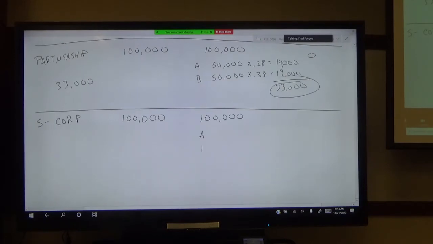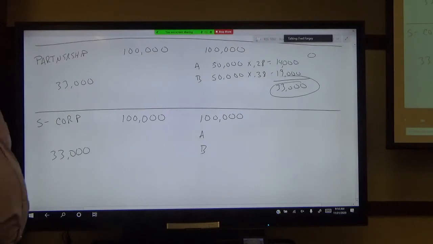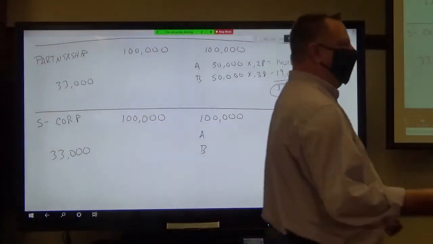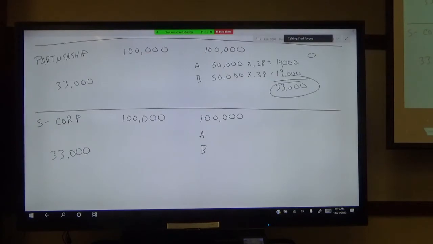You've got two partners, A and B, same sort of scenario from above. So in essence, you're going to probably have the same tax liability as the partnership, but the ownership protections that you have are in essence the same as the traditional C Corp.